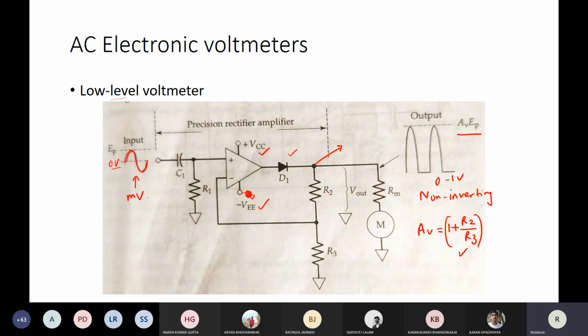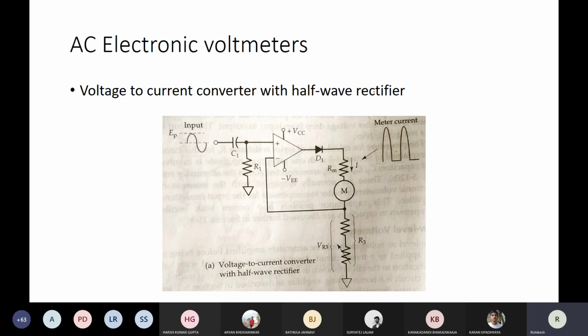Again, in the case of DC also, we have seen that this feedback resistance can be simply replaced by this, where the voltage is being converted into current. The same approach is taken in the case of AC quantity measurement, where AC input is provided at the positive terminal, and in the feedback path you put the meter along with a diode in series to block the negative cycle of the output.